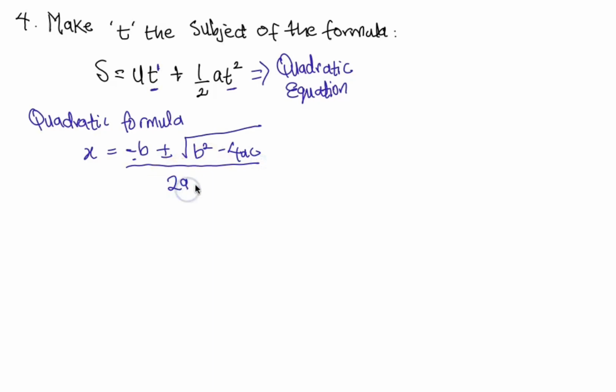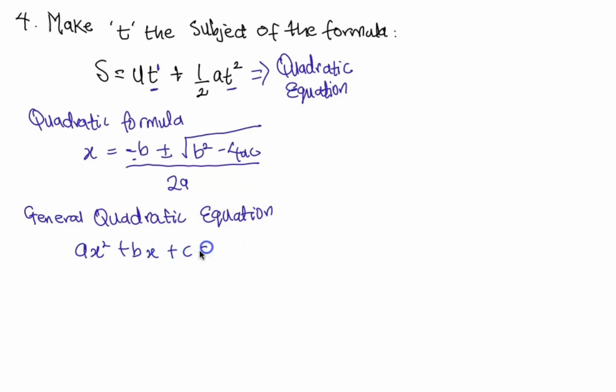And also there's a general quadratic equation. We call it the general quadratic equation. So the general quadratic equation is ax squared plus bx plus c is equal to 0. So these are the two things we are going to apply.